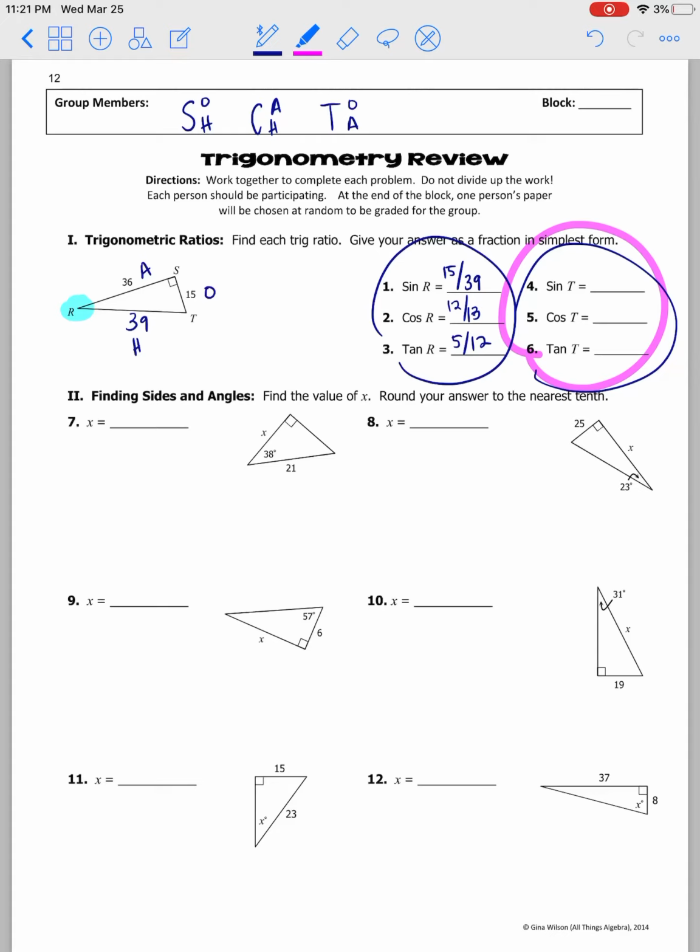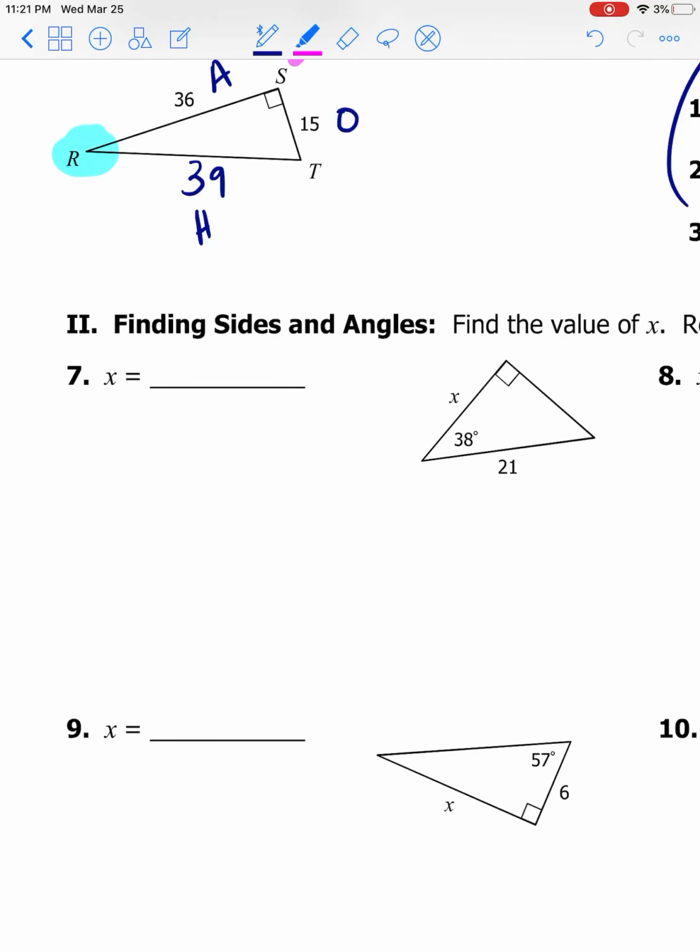Next, we are going to find some side measurements. When you're doing these problems, as a reminder, you're always going to want to highlight the angle that is relevant to you and identify what the sides are in relation to that angle.